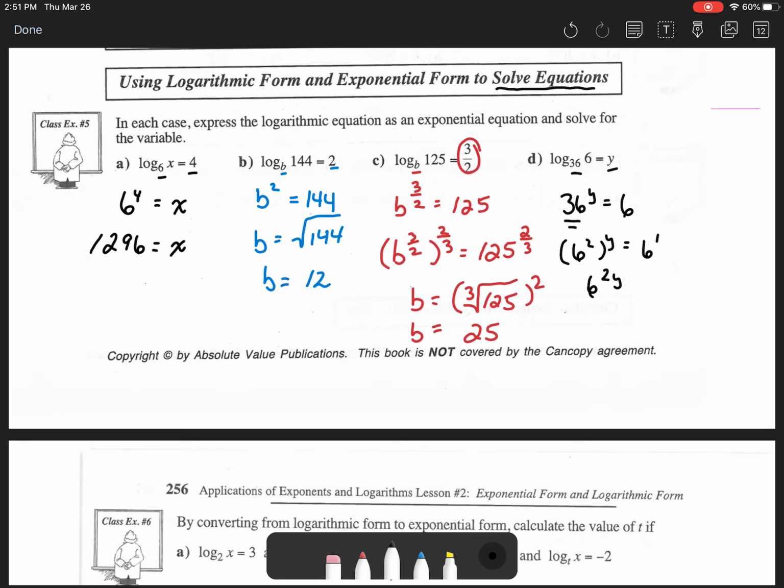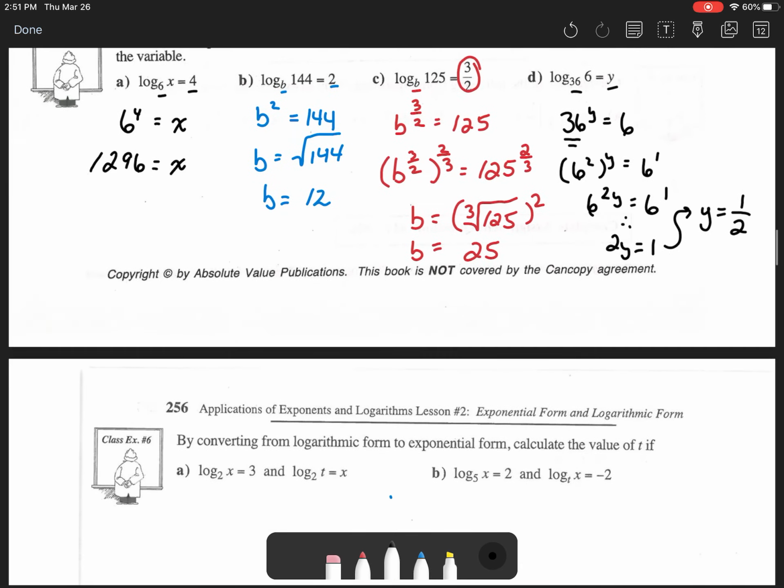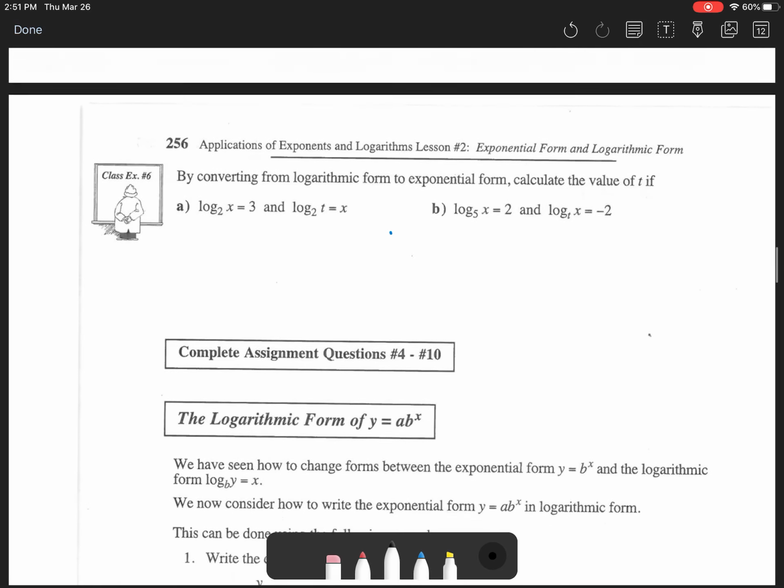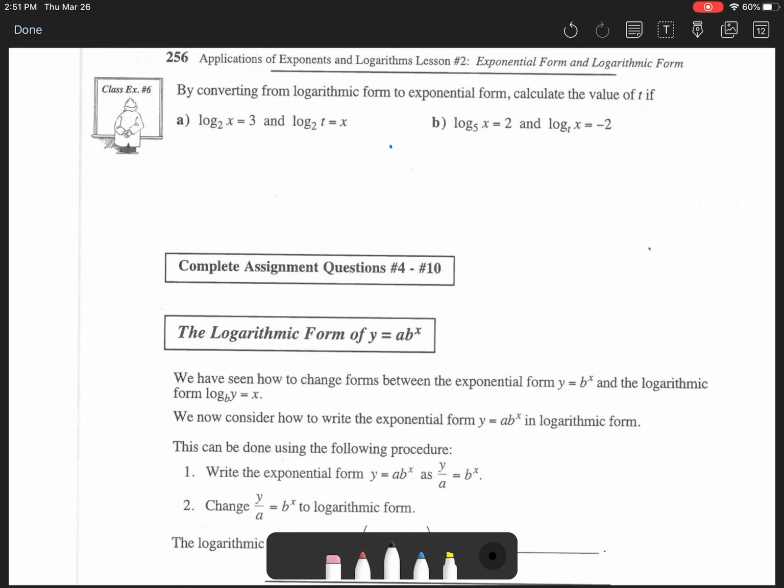So this will be 6 to the exponent of 2y equals 6 to the exponent of 1. So therefore, 2y will equal 1, and y will equal 1 divided by 2, or 1/2. So again, just using some of the stuff we learned today and what we learned last day, creating powers with the same base. Okay, next.